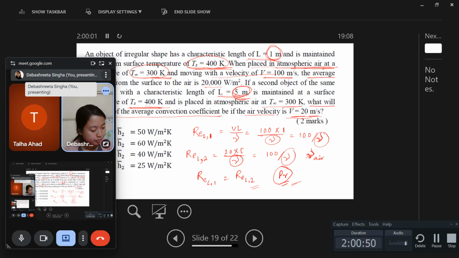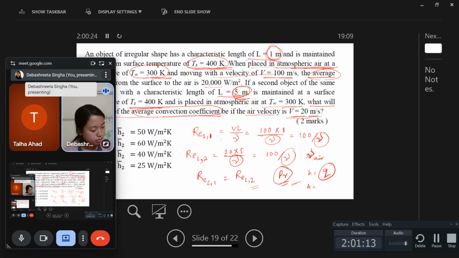So if you have to calculate H, they have asked to find the average convection coefficient and they have given you the average heat flux. So you have to find H from Q.